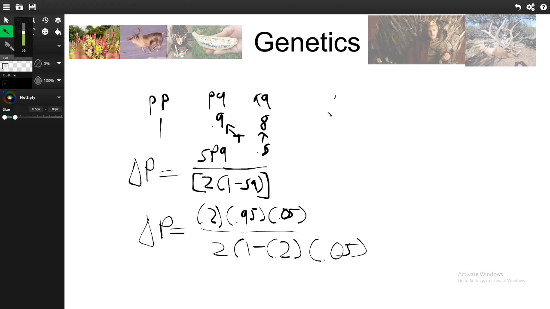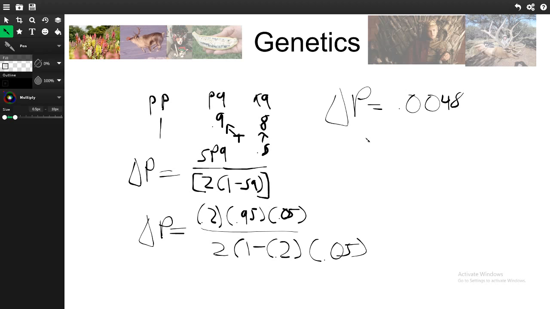And if you do the math, you get delta P as equaling 0.0048. And again, this is the change in the frequency, not the new frequency. So if we're solving for what is the frequency of heterozygotes in the next generation, we're actually going to add this to the old generation.